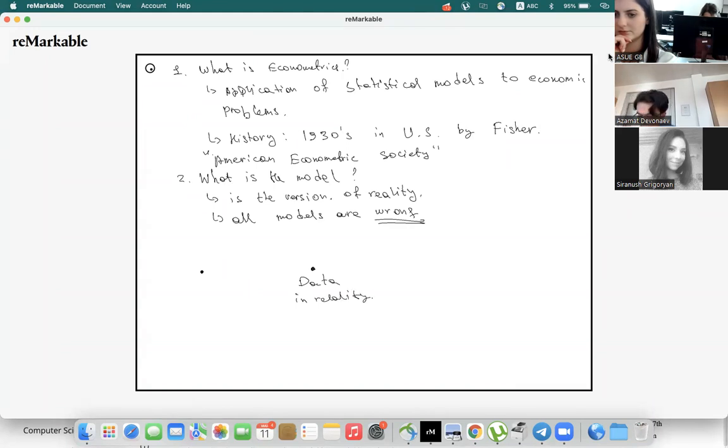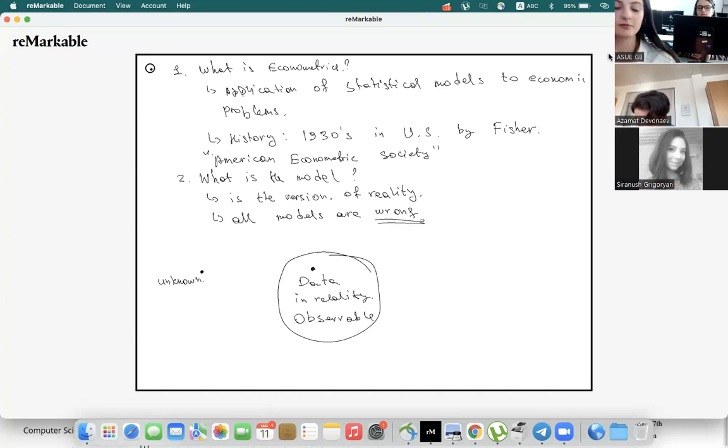and behind this observable thing, people in reality have some data, something that you can measure, and you say that this data is generated by some unknown and unobservable data generator.